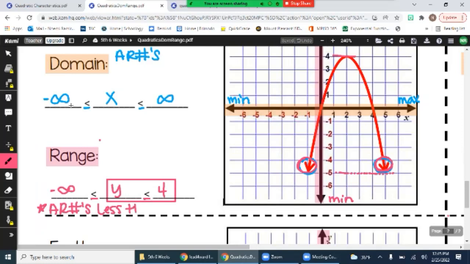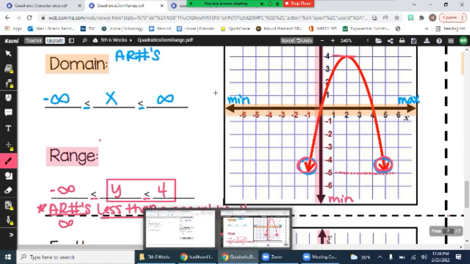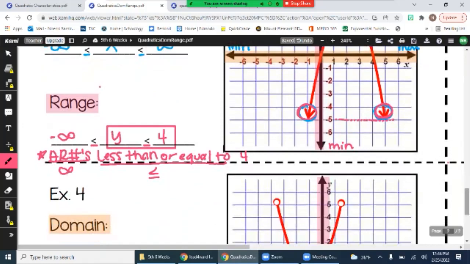Less than or equal to, because it is underlined. Less than or equal to 4. All real numbers comes from the infinity symbol, less than or equal to the symbol next to the 4. Get it? Questions on how to notice it written out? Okay.